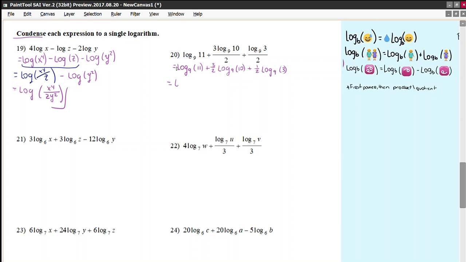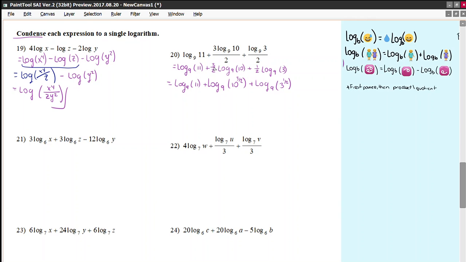This is the same as logarithm base 9 of 11, plus I'm going to use the power property to simplify this. So this is logarithm base 9 of 10 to the power of 3/2 plus logarithm base 9 of 3 to the power of 1/2.